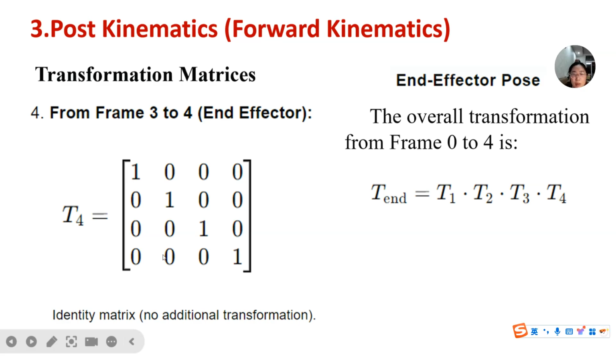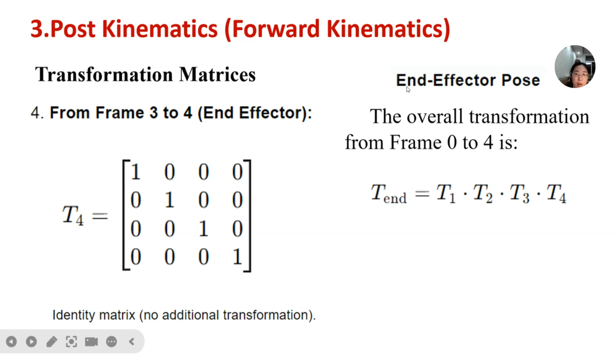We can say T4 is an identity matrix, with no additional transformation.